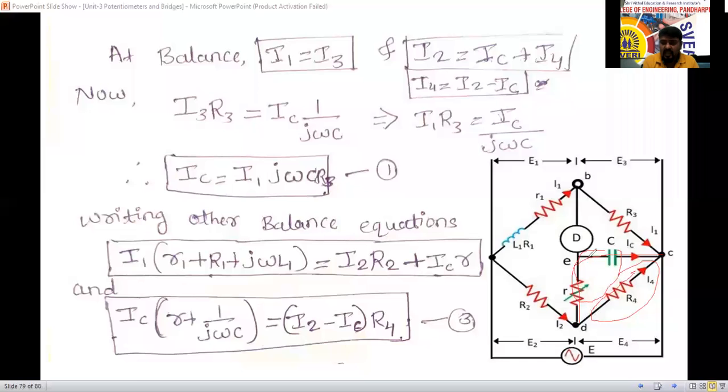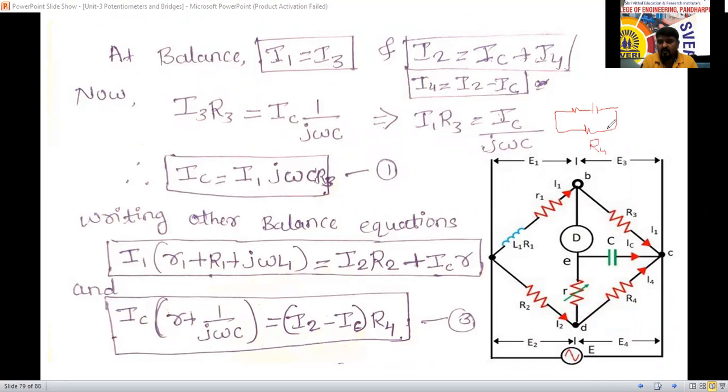So for the C-E-D path, what we have to write? IC into R plus 1 by j omega C. This is nothing but the voltage drop across this one. The parallel path of that one is R4 into I4 here.